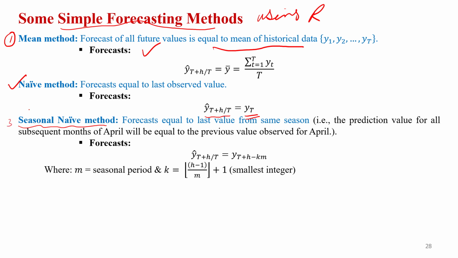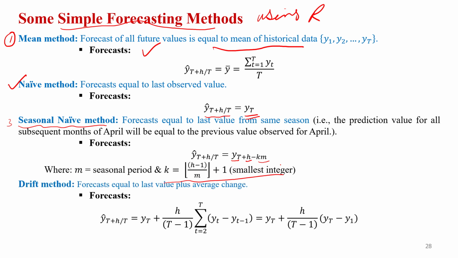And the third one. Over here, y_t is indicating the original values, h is the forecast horizon, and m is the seasonal period we are calculating, whereas k is going to be calculated like this, that is basically a smaller integer number.